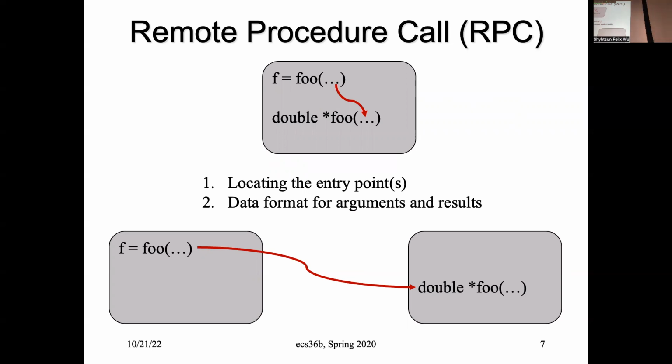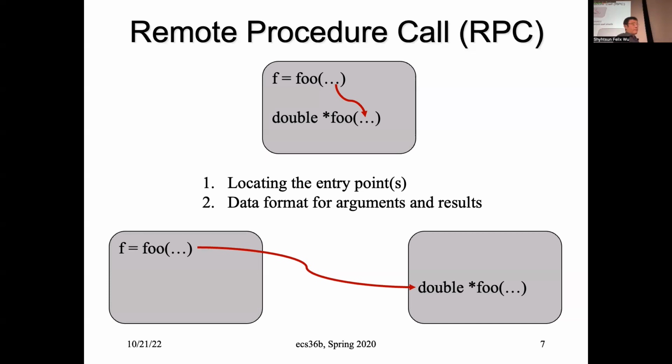How many of you have heard about the term remote procedure call, RPC? Okay, good, some of you have heard that. So what is a remote procedure call? Usually when you call a function, say in homework 1, you call the function filter words. We're assuming that the function body, the caller and the callee are in the same source code, and either the compiler or linker puts them together.